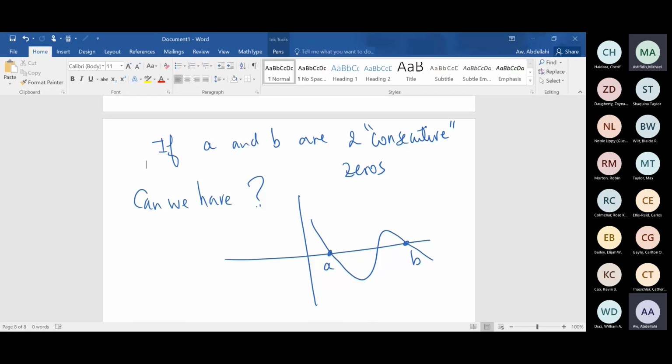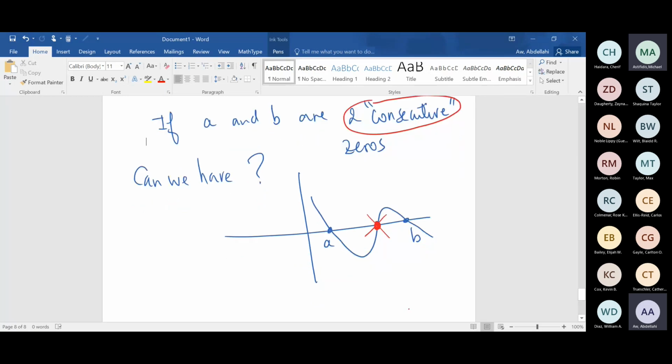How many zeros do you see on this graph? 3. Remember, the zeros are synonymous with the x-intercepts, right? I see 3 zeros here. But this contradicts what? It contradicts the fact they are consecutive. The fact they are consecutive means there is no zero between them, right?